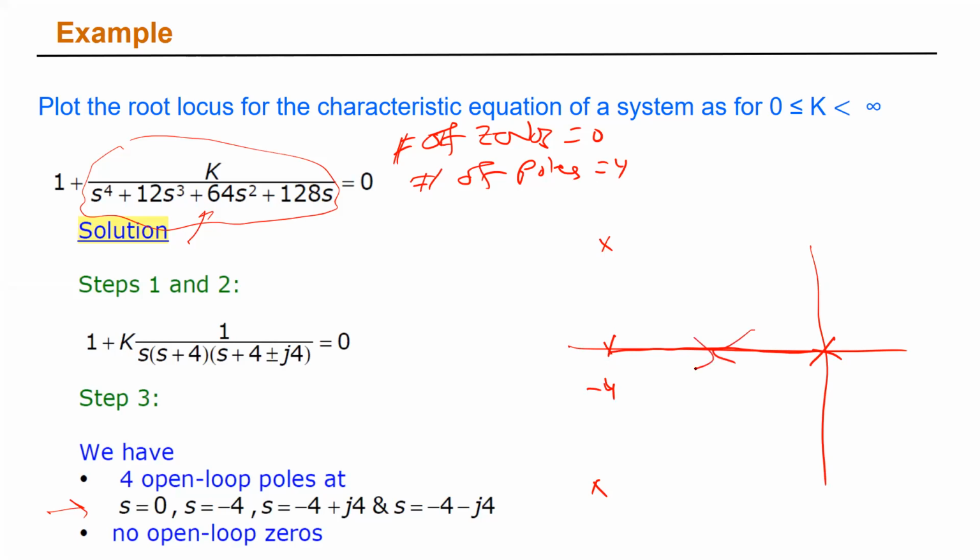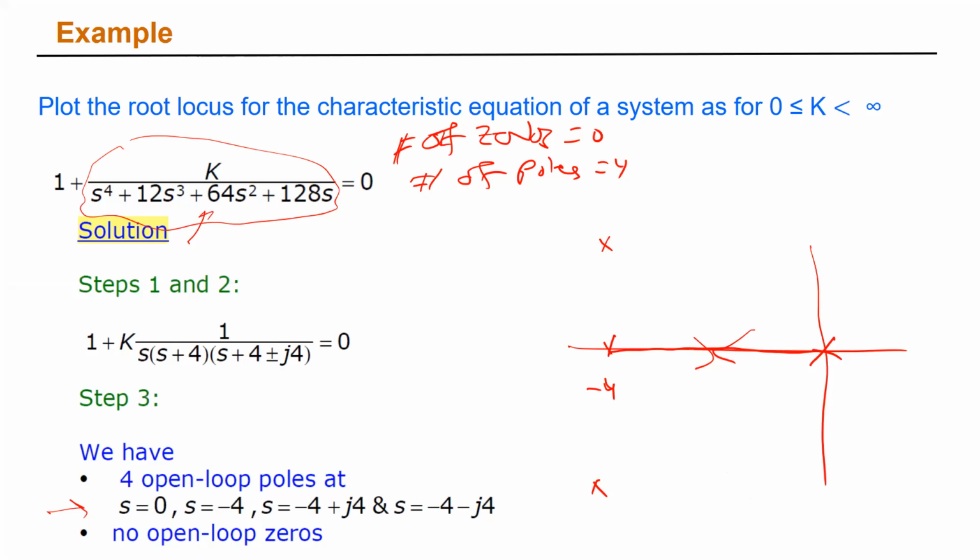Okay, it will go. And then after that, how many of the parts of the locus will go to infinity? 4.